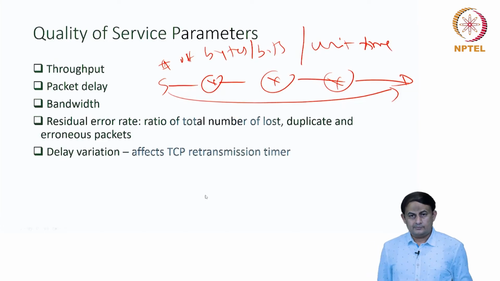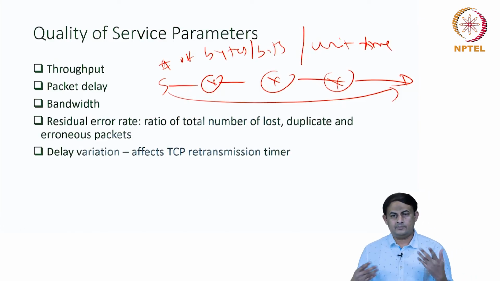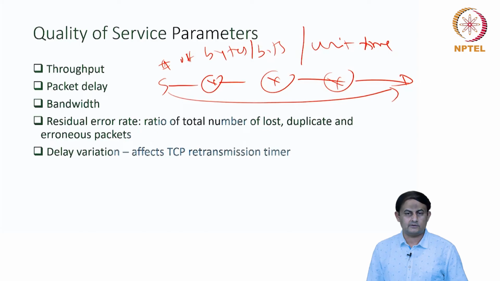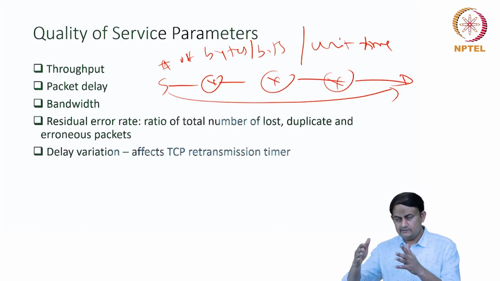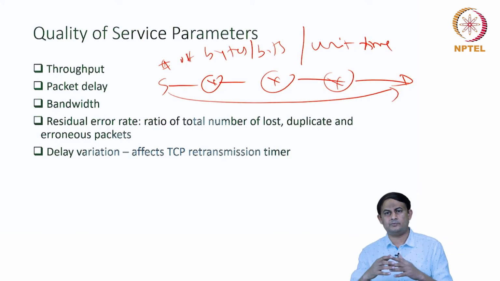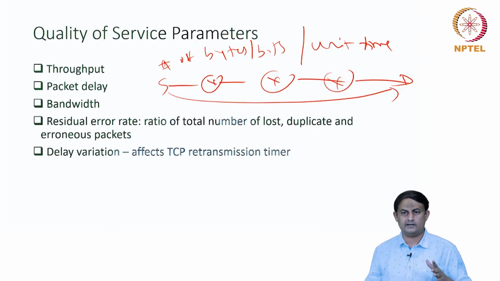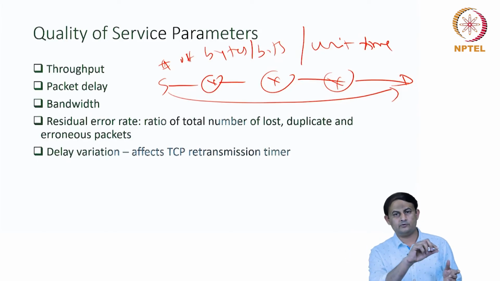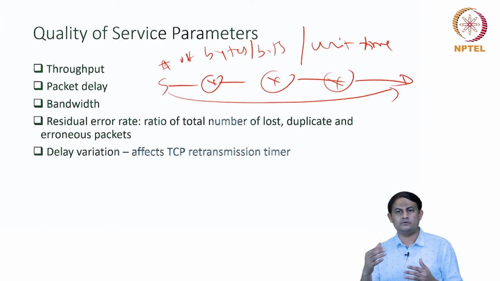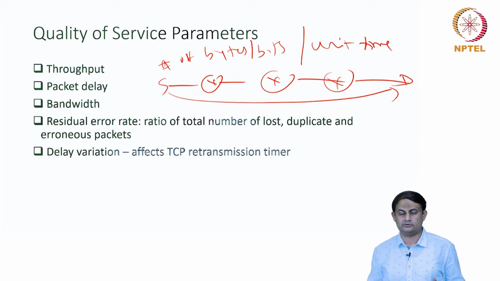And the fifth parameter that applications can use to tell the quality of service requirement is the delay variation. Delay variation is the delay between successive transmissions. Let's say I have packets P1 to P10. From P1 to P2, what is the delay that it took, from P2 to P3, and P3 to P4, and so forth.